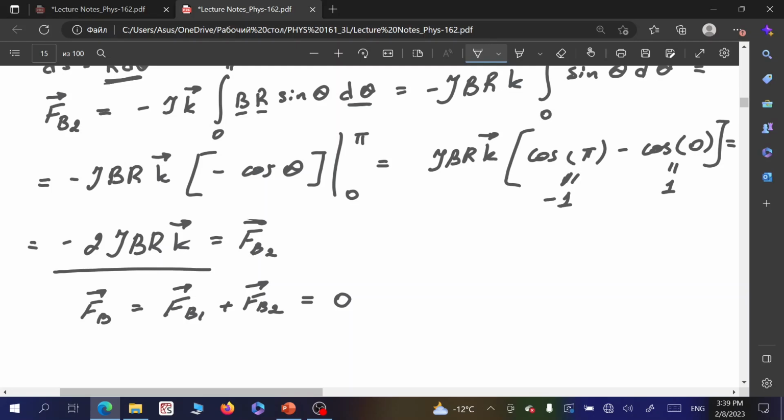So our next topic will be a quantitative analysis of the net torque exerted on a closed current loop, which is placed in magnetic field. But I believe we will start that already next time.